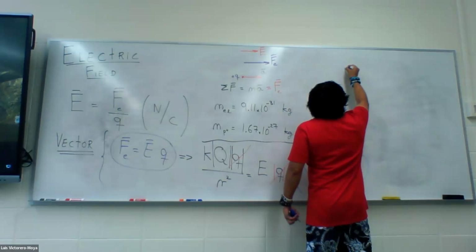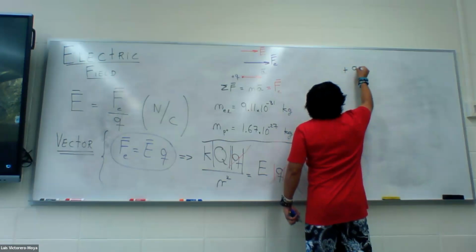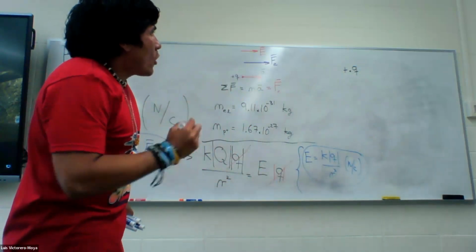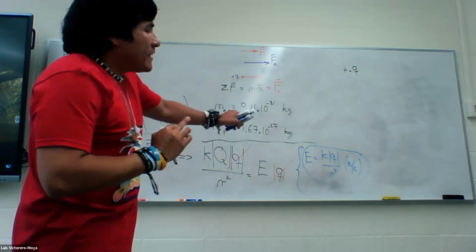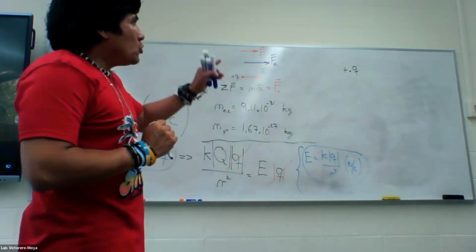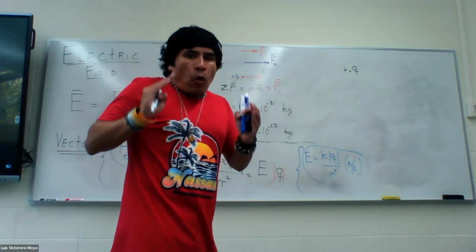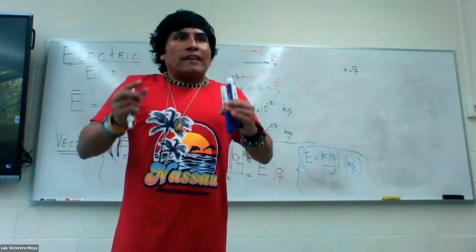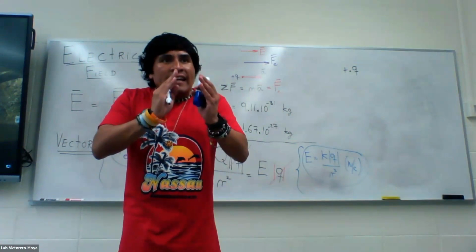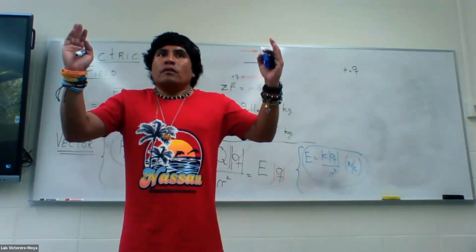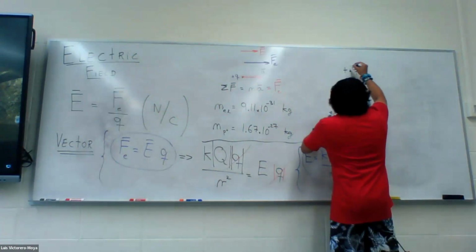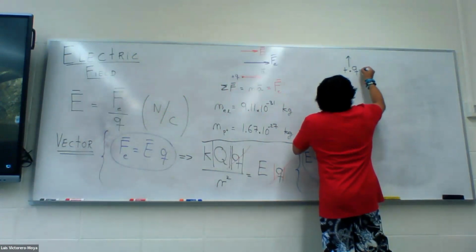So if I have positive Q, how do I draw the electric field lines due to that point charge? When it's a positive charge, the electric fields are radially outwards. So they emit fields like this.